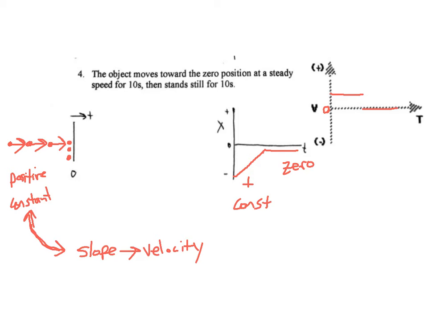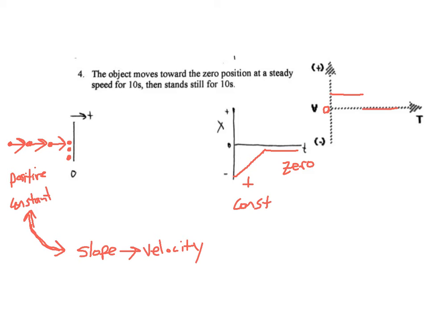I decided that I was going to have my object start in a negative position, traveling toward the 0 from the negative side. Could you, and I assume some of you did, have the object start with a positive position and travel toward the 0 position this way? I assume so.